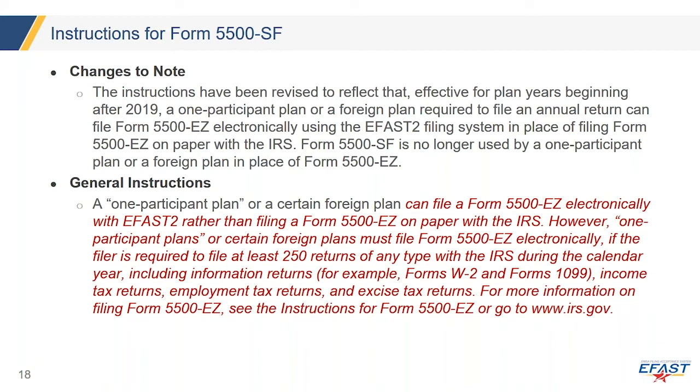I encourage you to take a look at that so you see how the filing requirements have changed for the SF, since the one participant and farm plan filers now need to file the EZ. And this slide shows a small extract of those instruction changes. But again, I encourage you to review the actual instructions.